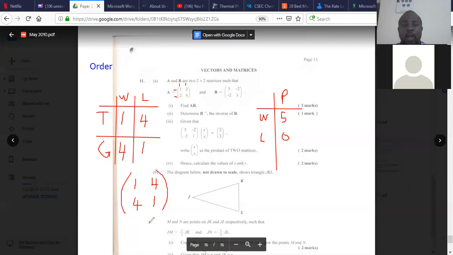Now, if I ask you, what's the order of this matrix? It's a 2 by 2. What does the first 2 represent? 2 rows and 2 columns. Now, if you look at the matrix, the rows have a specific identity.